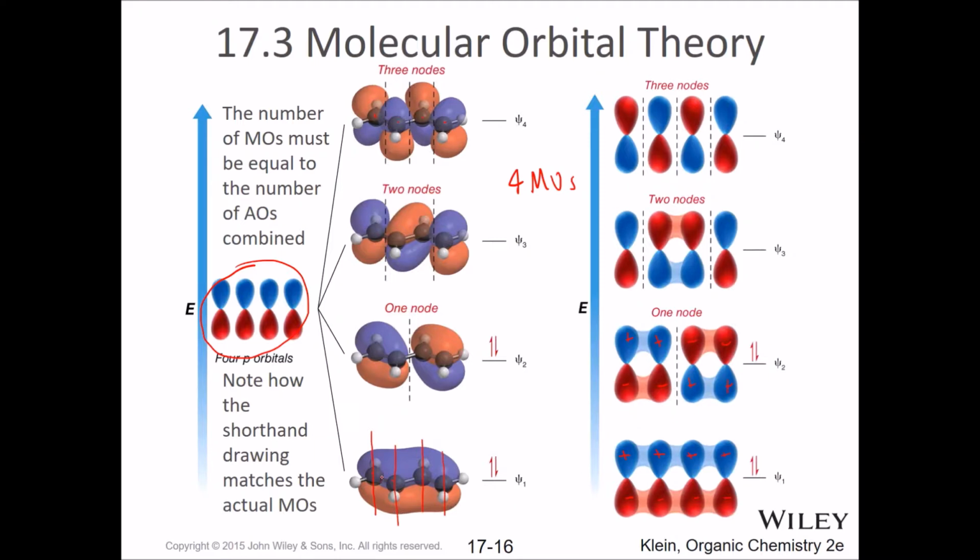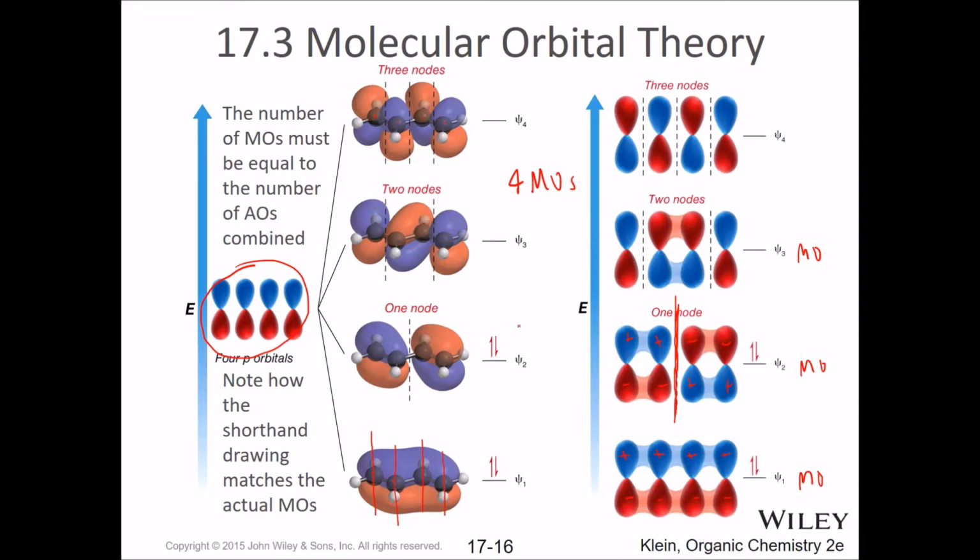That said, the lowest energy molecular orbital has all of the phases aligned, and the second lowest has one node. There's my one node for the second most stable molecular orbital. Here's another molecular orbital. These are all molecular orbitals. When we have 2 nodes, that means we've got 2 areas where no electrons exist.